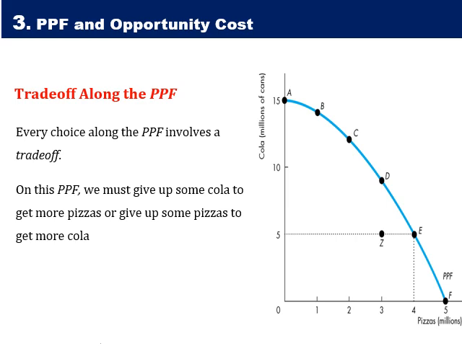As we can see, if we move from any point to another point on the PPF, we trade off cola for pizza, which means that we get more pizza only if we can give up some of the cola. This trade-off appears because at any given point of time we have a fixed amount of available resources.